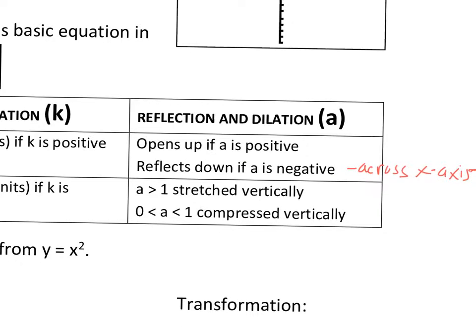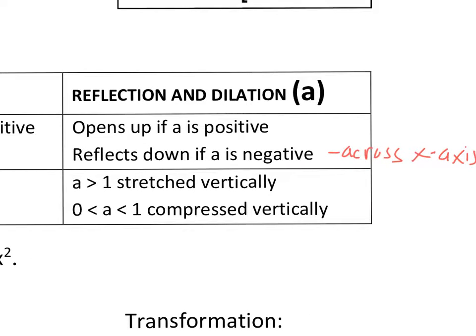The other thing that a has to deal with is, does this graph stretch or does it compress? Think about yourself standing up, and if you stretch your arms up high, you are getting taller. So the graph is stretching, getting taller, skinnier. One thing I want to change here is to put absolute value around this a, the absolute value of a. I want you to get in the habit of it not mattering if it's negative or positive, because the negative or positive deals with the reflection.